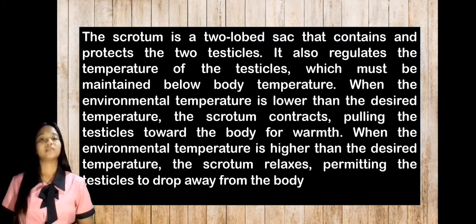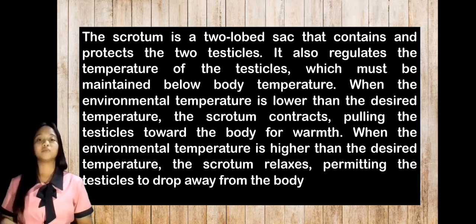The scrotum is a two-lobed sac that contains and protects the two testicles. It also regulates the temperature of the testicles, which must be maintained below body temperature. When the environmental temperature is lower than the desired temperature, the scrotum contracts, pulling the testicles toward the body for warmth.